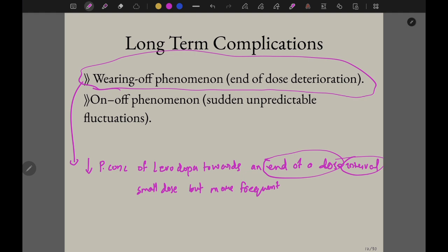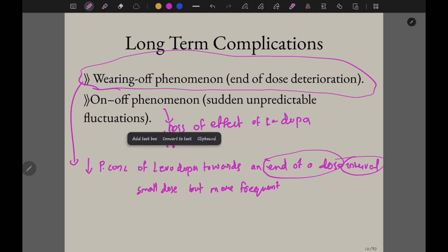Then the on and off phenomenon is there; this occurs after long-term use of levodopa. Sometimes there is loss of effect of levodopa, that is the off phenomenon, and sometimes all the effects are shown but with disabling dyskinesias, that is the on phenomenon.